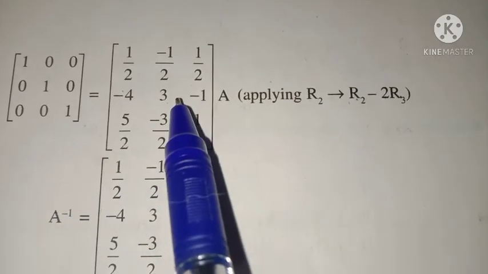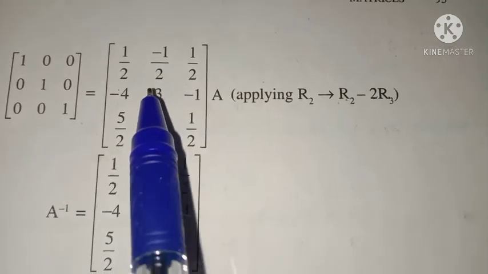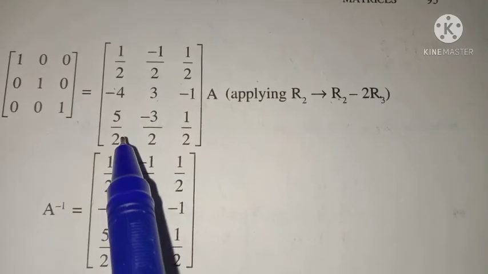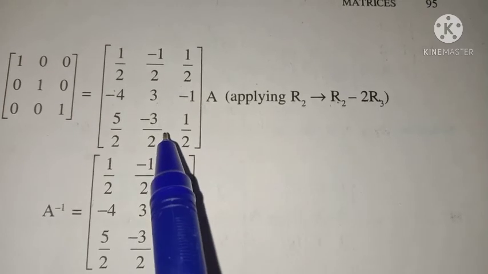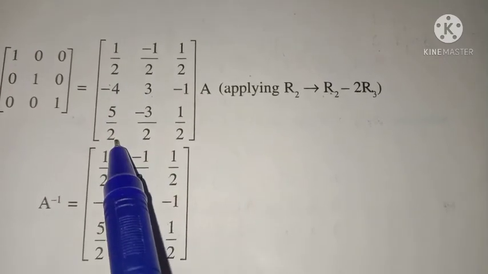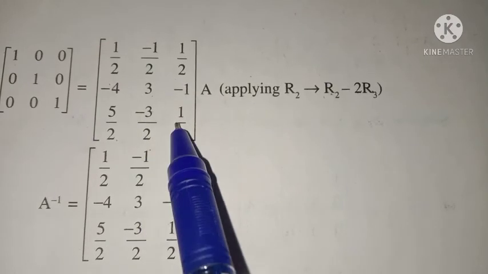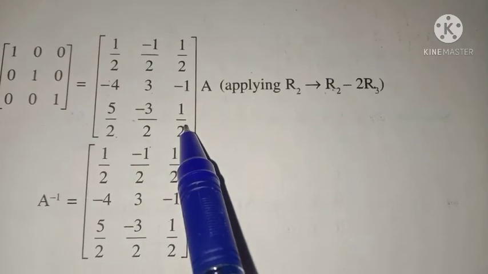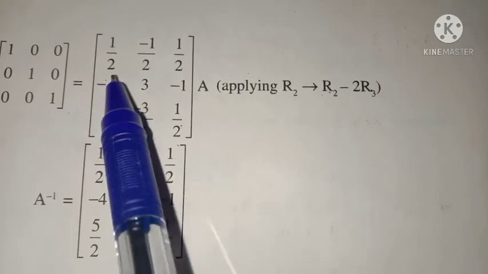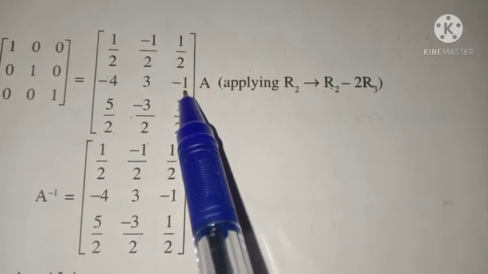Similarly, right matrix becomes, first we need to multiply third row by 2, third row by 2 and subtract it from second row. We get 5 by 2, minus 3 by 2, 1 by 2, third row as such. Second row reduces to minus 4, 3, minus 1.